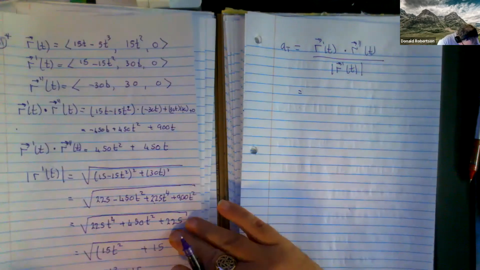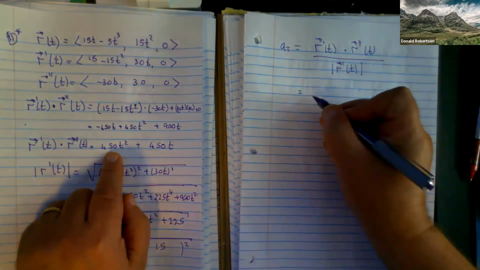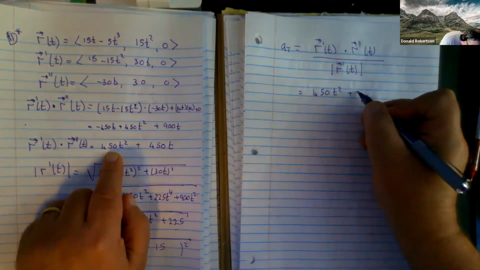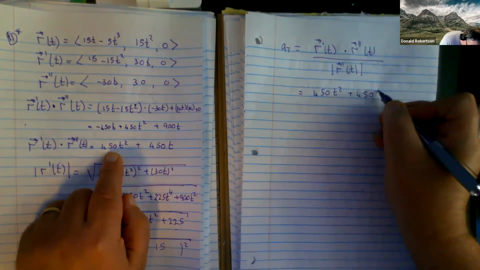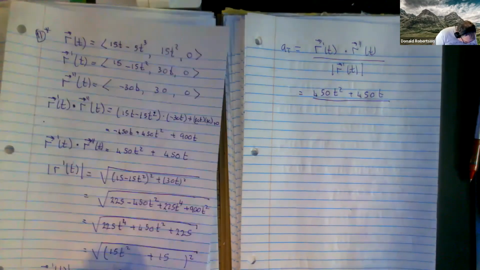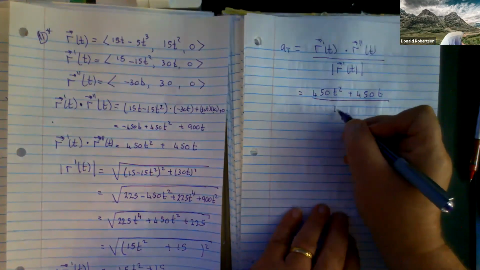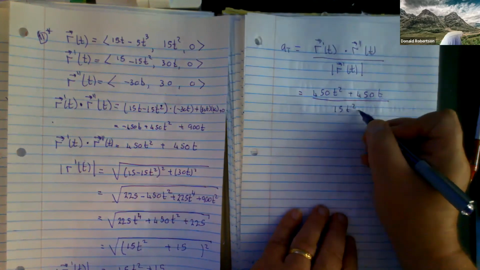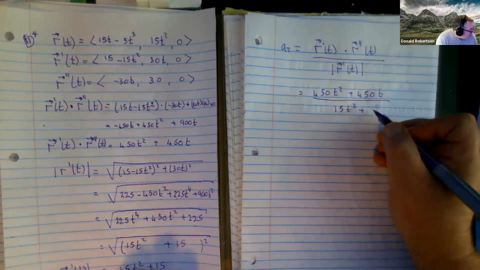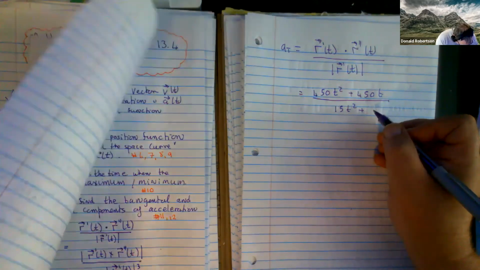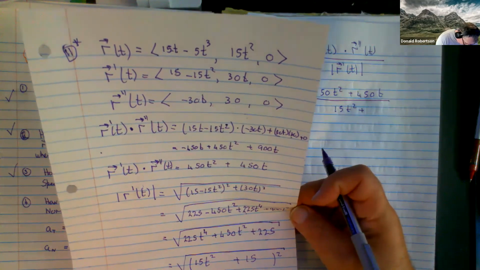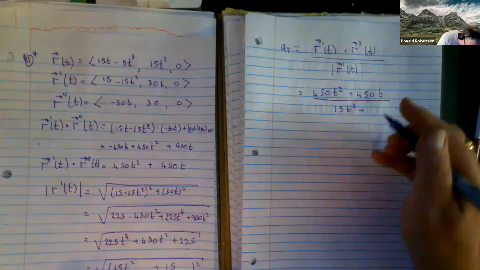And the top is 450t squared plus 450t, and the bottom was 15t squared plus 15.